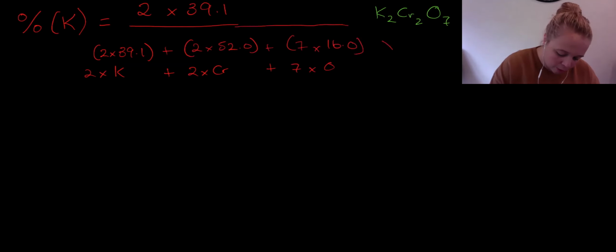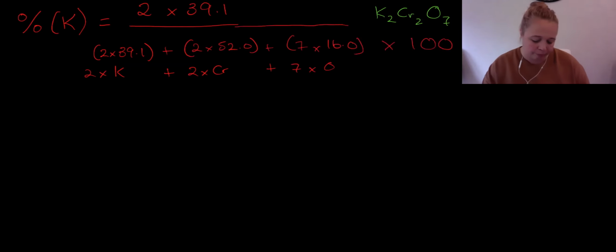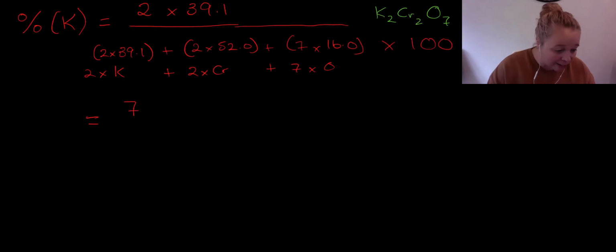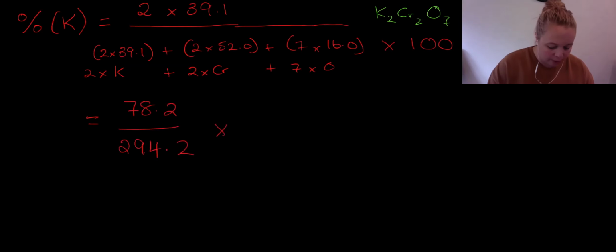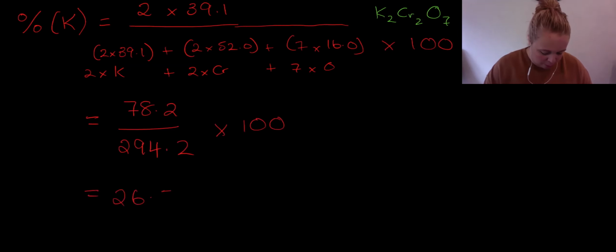Then we're going to do all of that times 100. When we multiply that out, and you can pause and do this on your calculator, we should end up with 78.2 divided by 294.2 times 100. One more step gives us 26.5%.